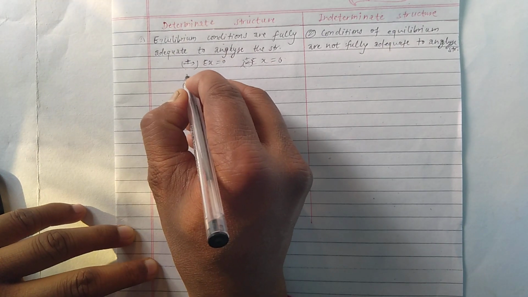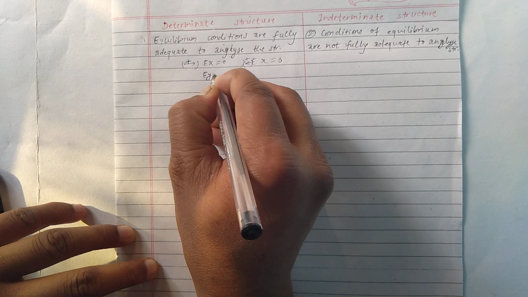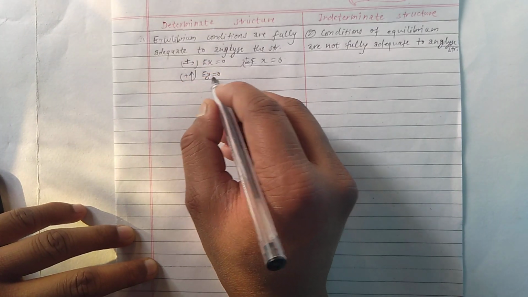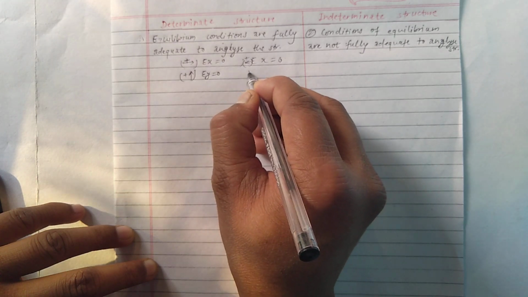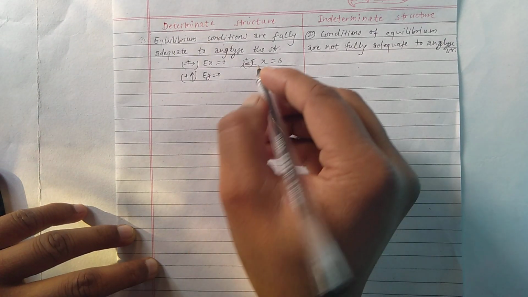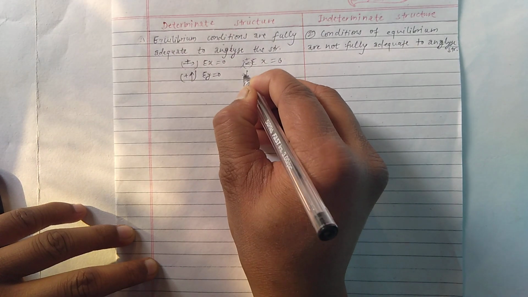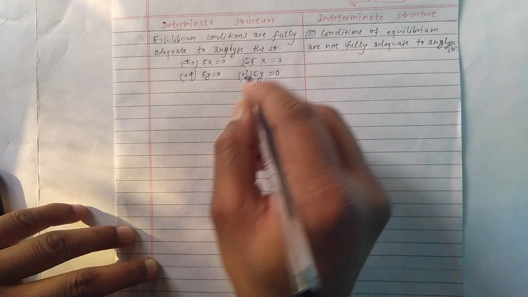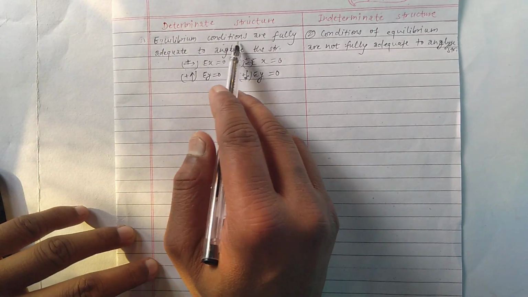And in the y-axis, summation y equal to 0, that is the sum of all forces along the y-axis equal to 0, or along the negative y-axis equal to 0. These two are the basic equilibrium conditions.